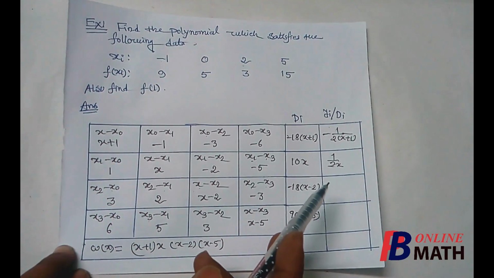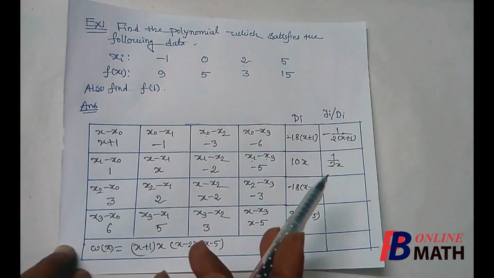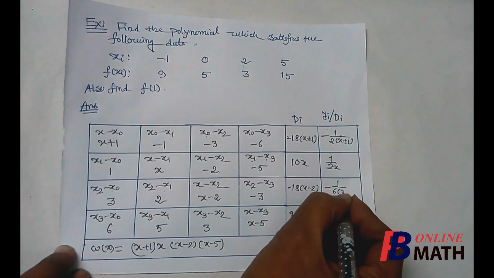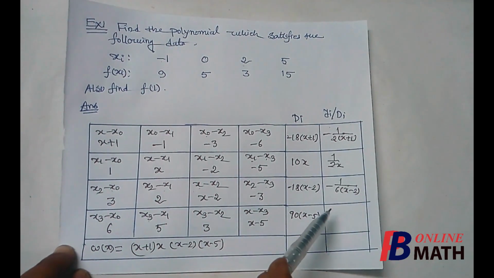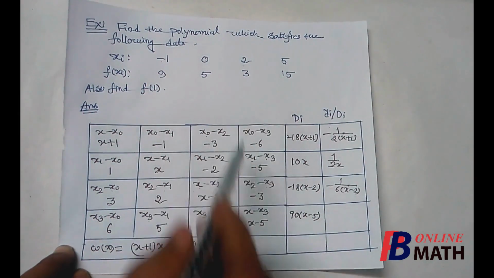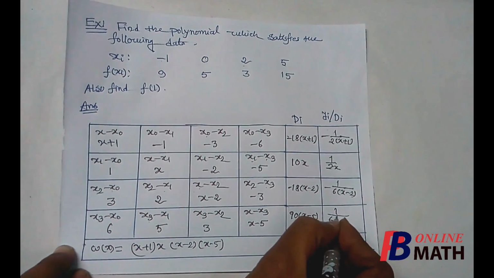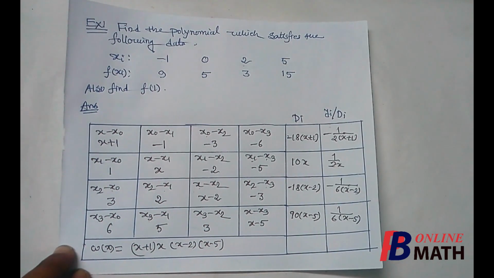Next, y2 by d2. What is the value of y2? y2 is 3. So it is 3 by this. So it is minus 1 by 6 times x minus 2. And finally, y3 by d3. What is the value of y3? It is 15. So 15 by this. So it becomes 1 by 6 times x minus 5.